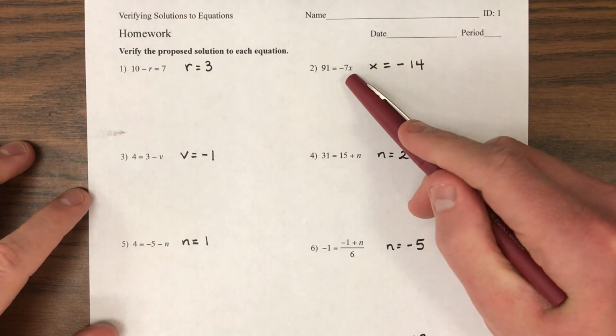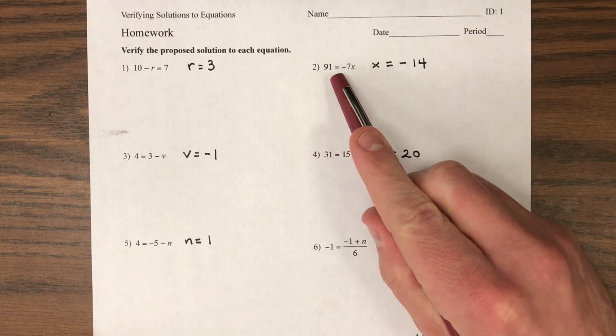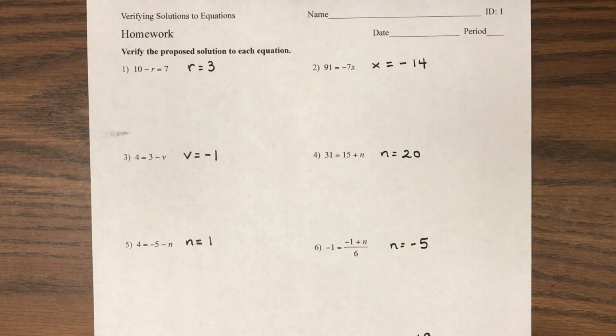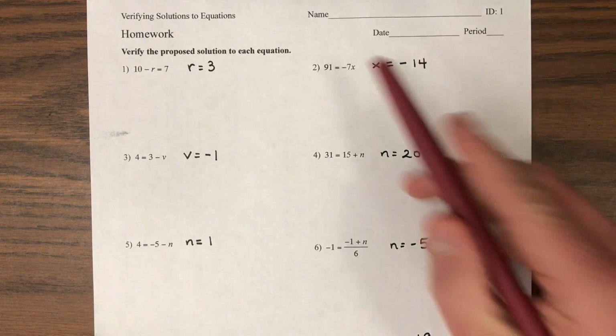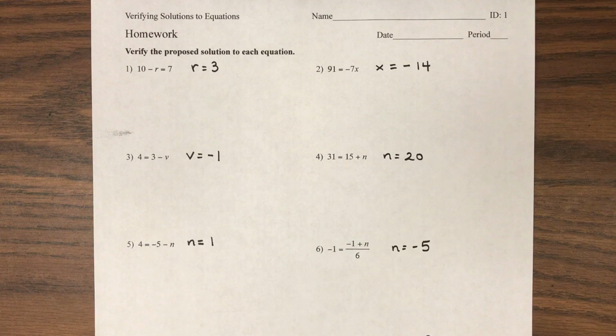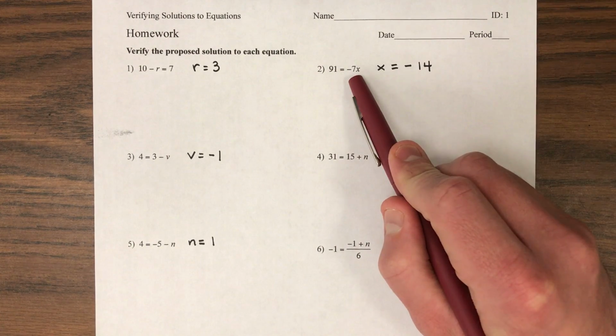This says negative 7x, but that's really a number. Once you know what x is and you can evaluate it, then really you're just saying this number is the same as this number. That statement can sometimes be true when this number actually is the same as that number, and that statement can sometimes be false when this number is not the same as that number.